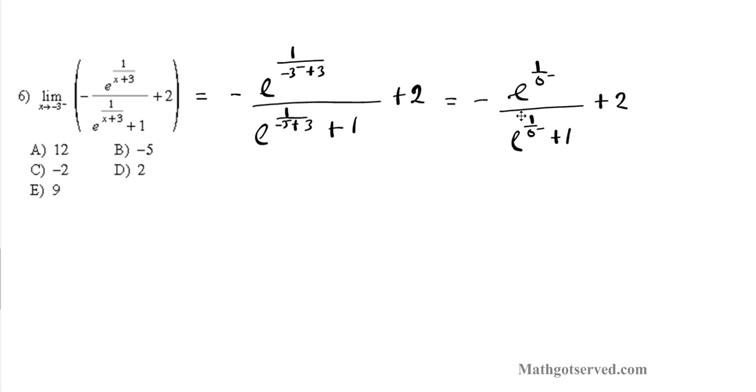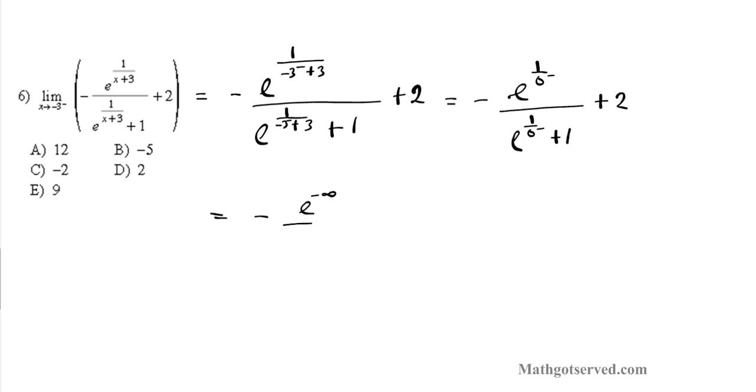Okay? And then when you simplify that, you're going to have negative e to the 1 over an infinitely large negative number, really close to 0 from the left. If you divide it out, you end up with an infinitely large negative number.